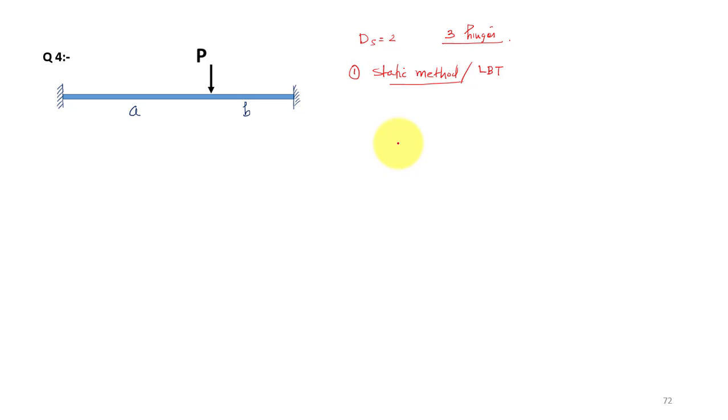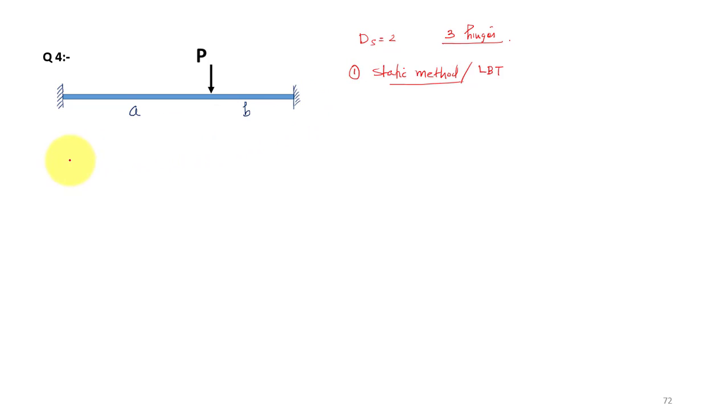So we will draw the bending moment diagram. In this case, if you draw the bending moment diagram in the elastic state, how will it be? So let me draw here.